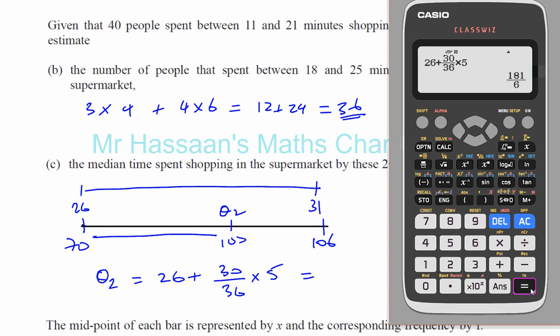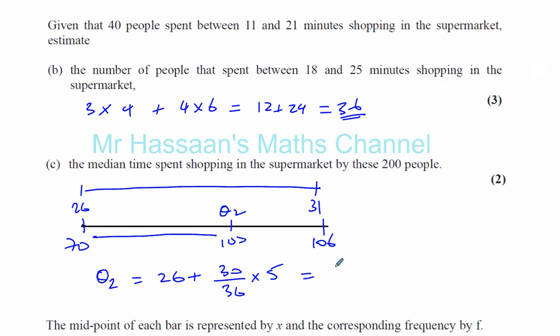And that gives us our answer, which is 30.166. So you're going to say 30.2 to 3 significant figures. That's the minutes. That's the median time spent shopping by these 200 people.